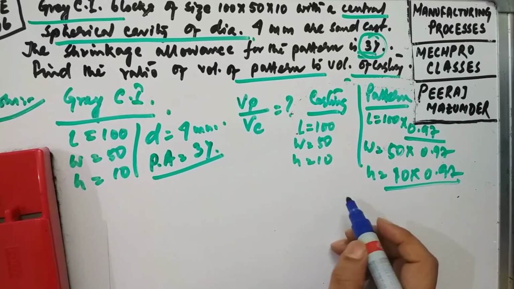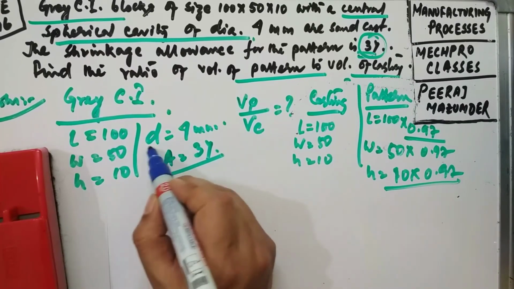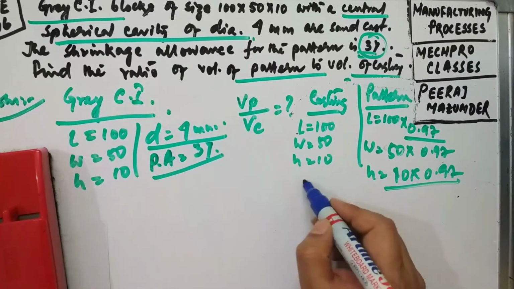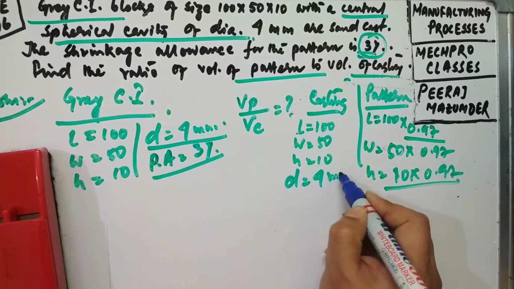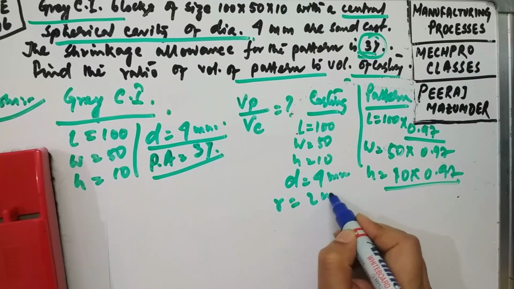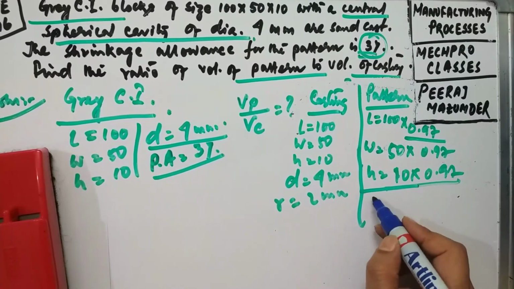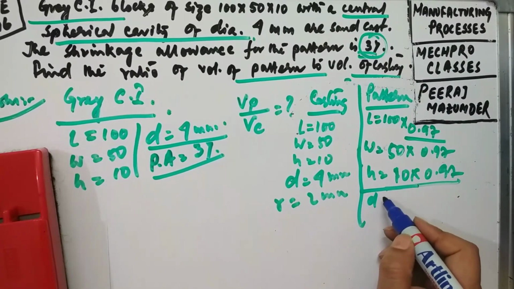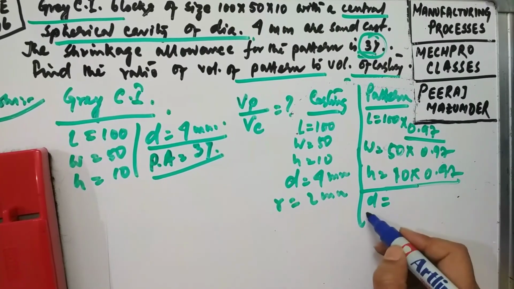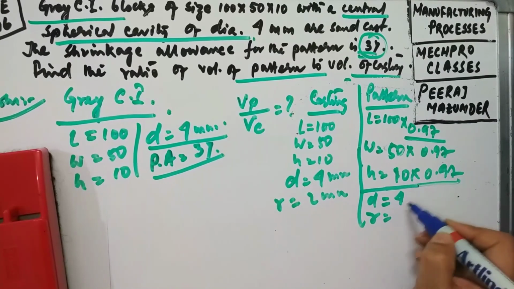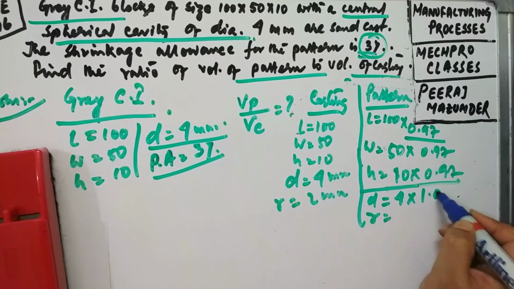But for diameter, here is one more thing. The diameter is 4 millimeter, and radius is 2 millimeter. But for the pattern, the diameter will be 4 into 1.03. Why?